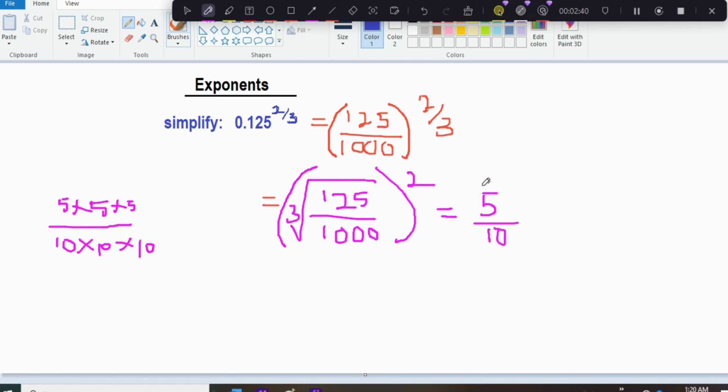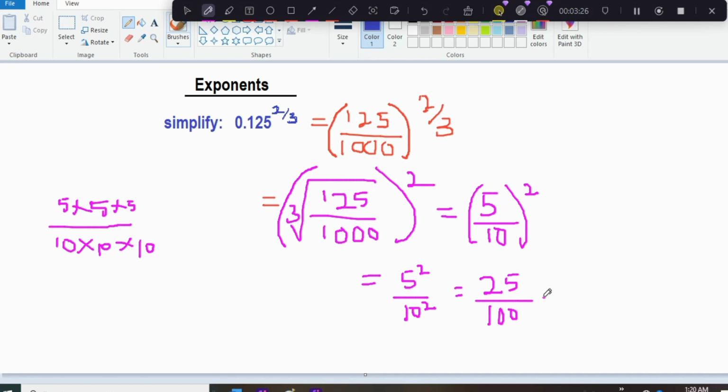Meanwhile, we still have raised to power 2 here. Which means 5 raised to power 2 will be 25, and we also have 10 raised to power 2, which is the exponent here. 5 raised to power 2 will give us 25, and then 10 raised to power 2 is 100.